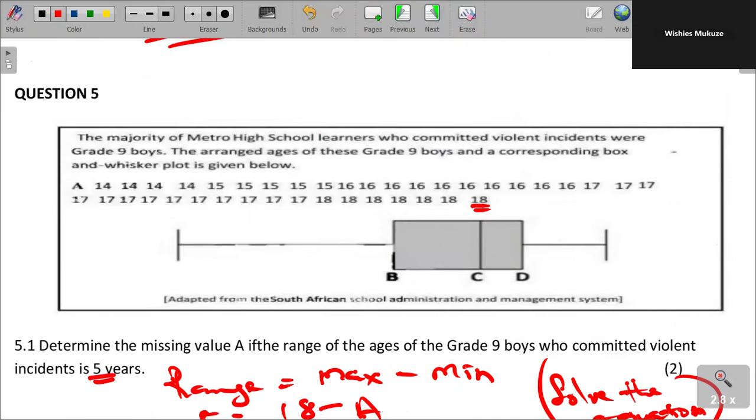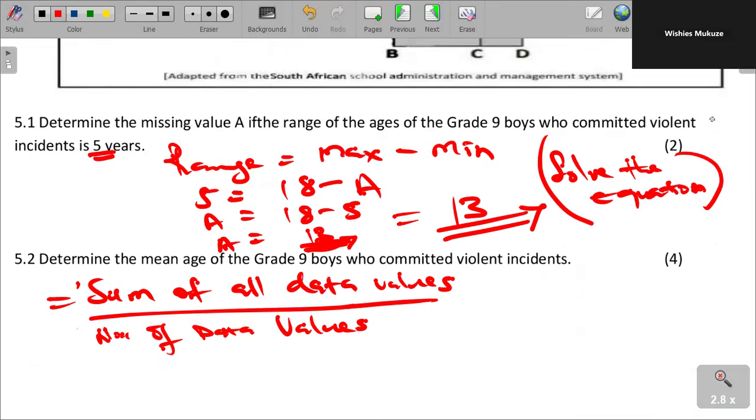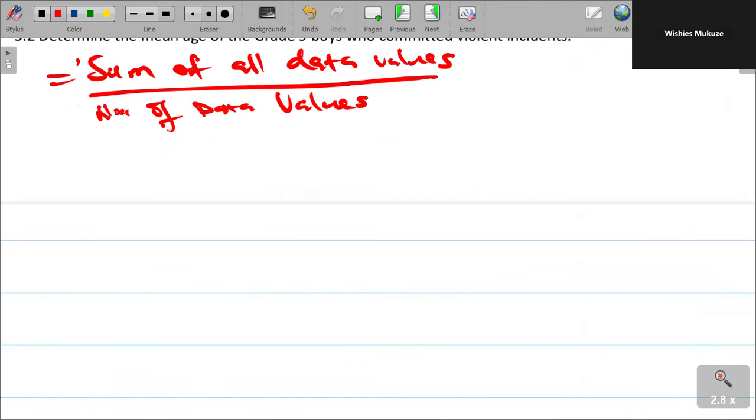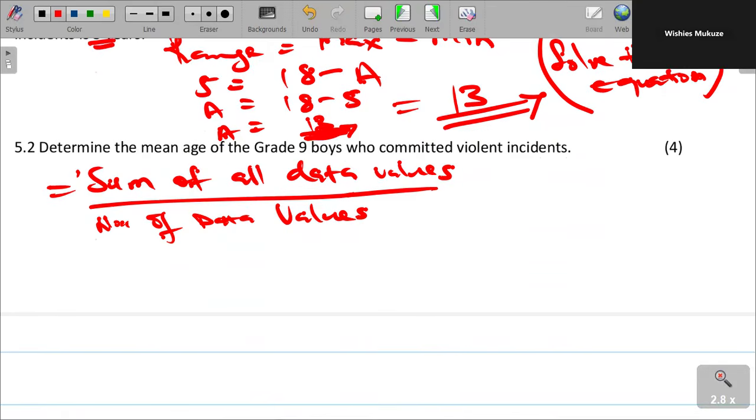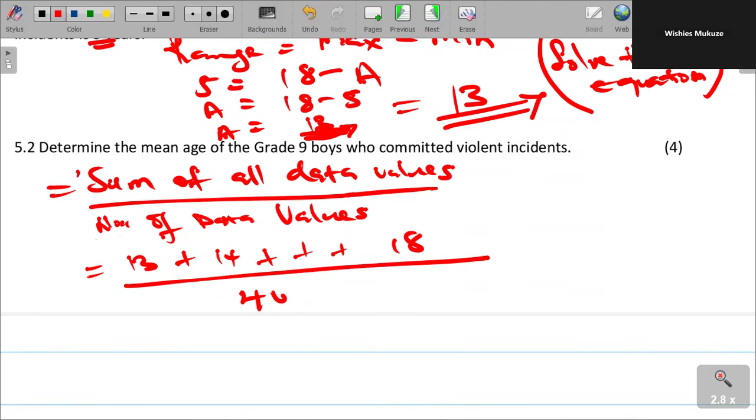We add all the numbers here, from 13 plus 14 up to 18, over the total of them, which is 40.